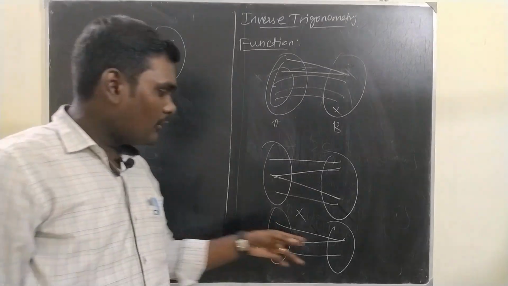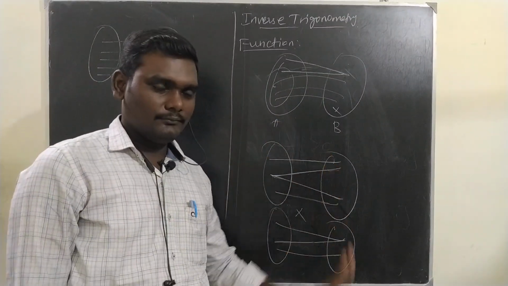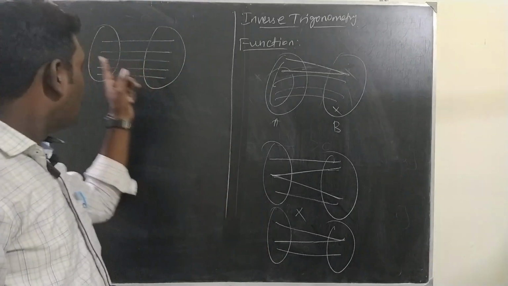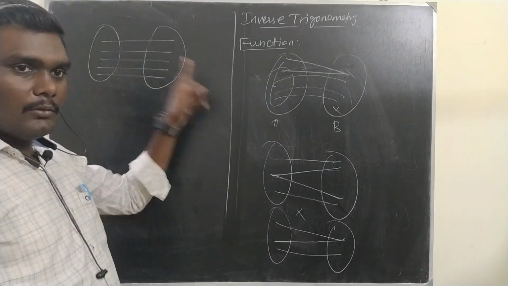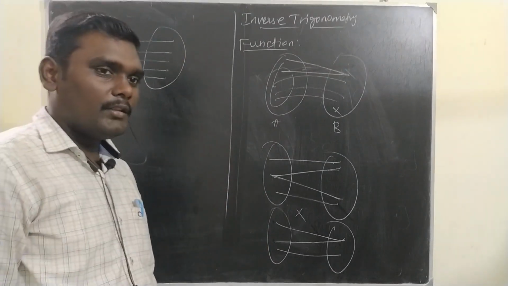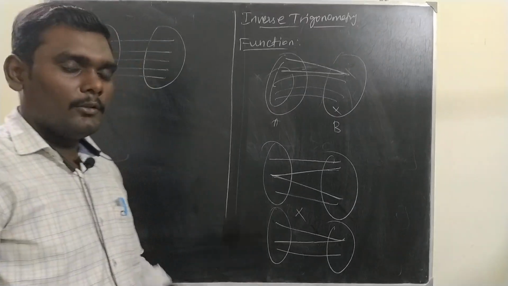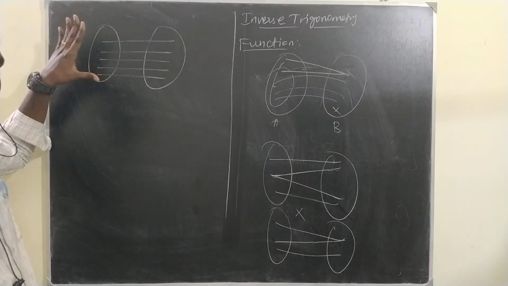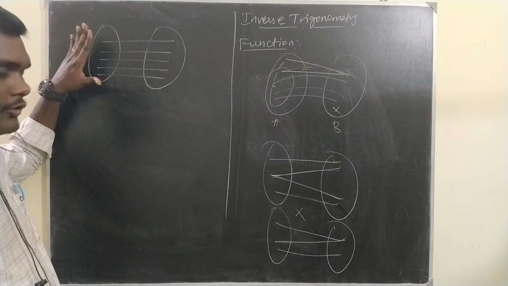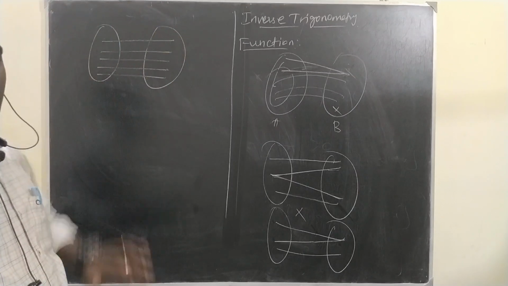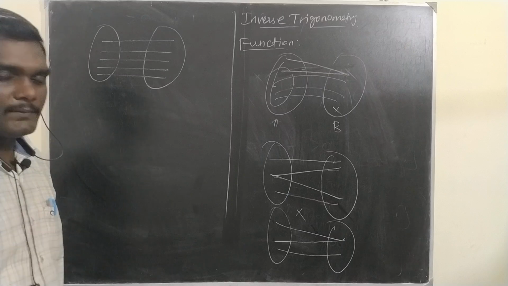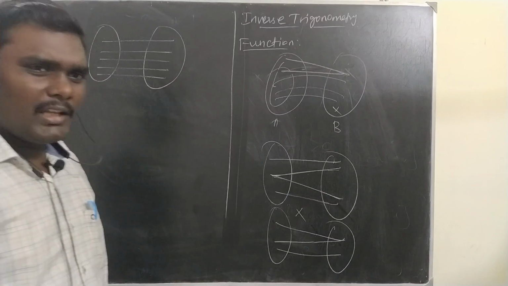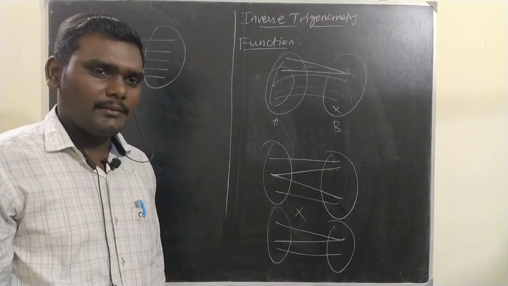Two persons going to the same school, no. Each one should go to one school. That is one-to-one. In terminology, all the pre-images should have unique and distinct images. Image, pre-image, you know these terminologies, right?